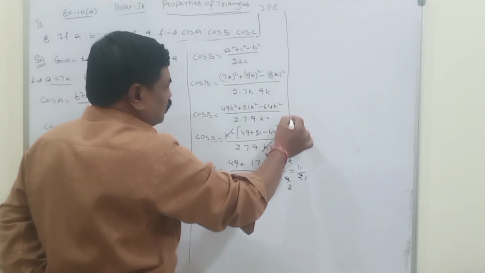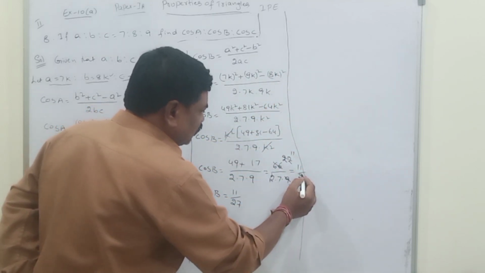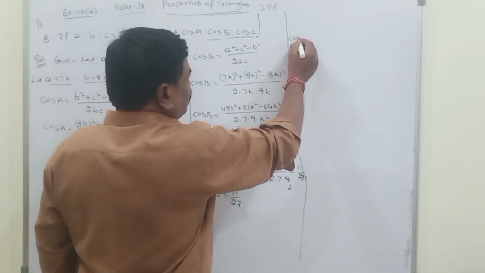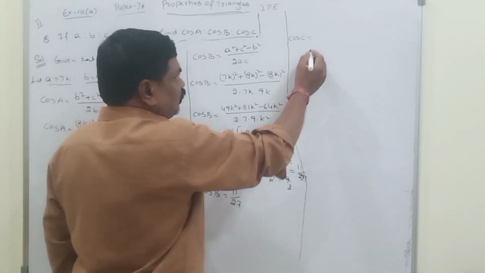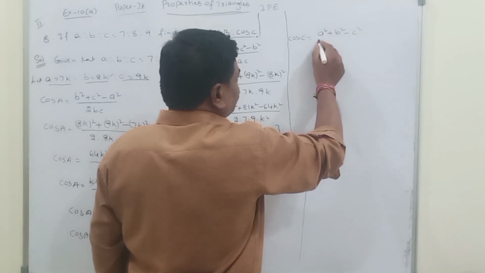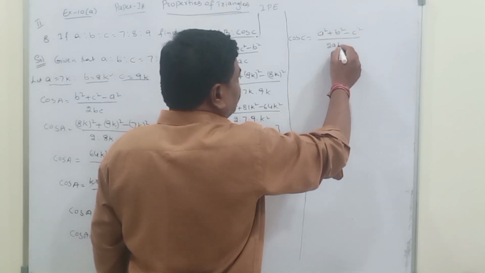Then you have to write the next, cos C. What is cos C? Cos C is equal to (a square plus b square minus c square) by 2ab.